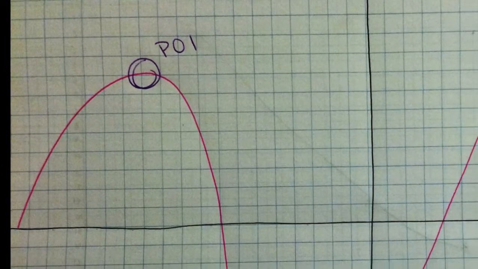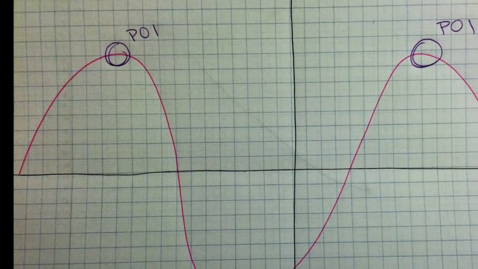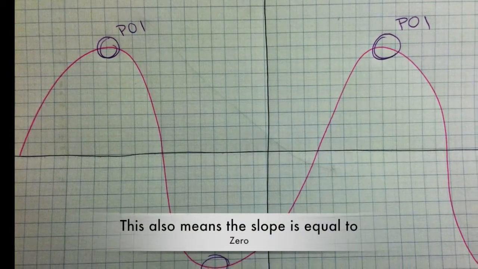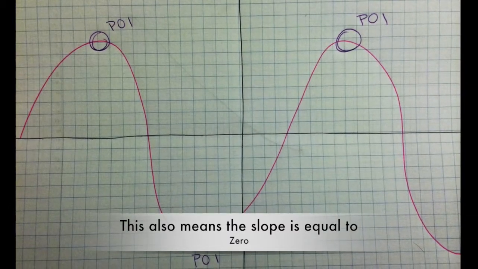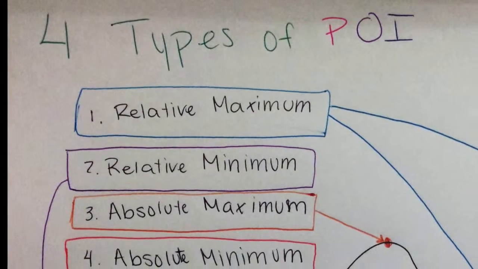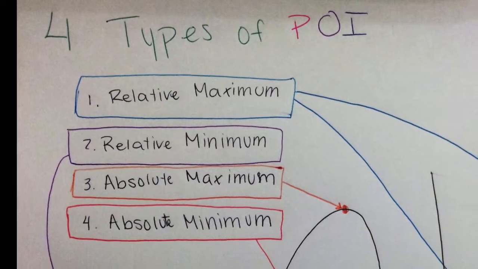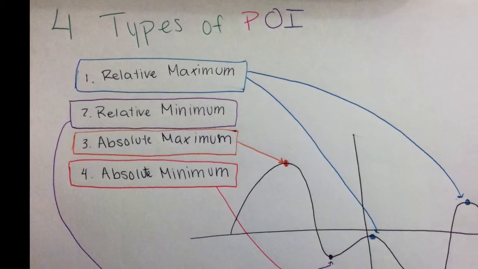In this sample graph, you can see that I labeled where there are in fact points of inflection. There are 4 types of points of inflection: relative maximum, relative minimum, absolute maximum, and absolute minimum.